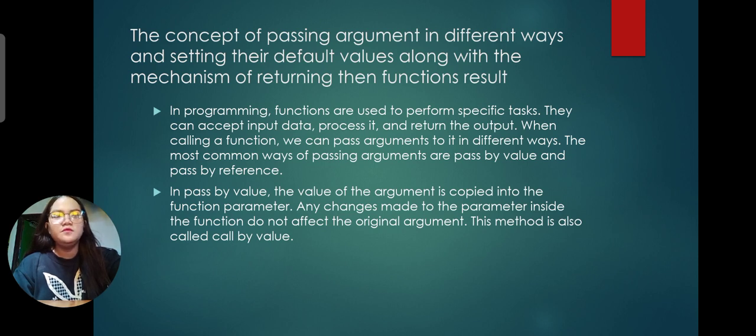The most common ways of passing arguments are passed by value and passed by reference. In passed by value, the value of the argument is copied into the function parameter. Any changes made to the parameter inside the function do not affect the original argument. This method is also called call by value.